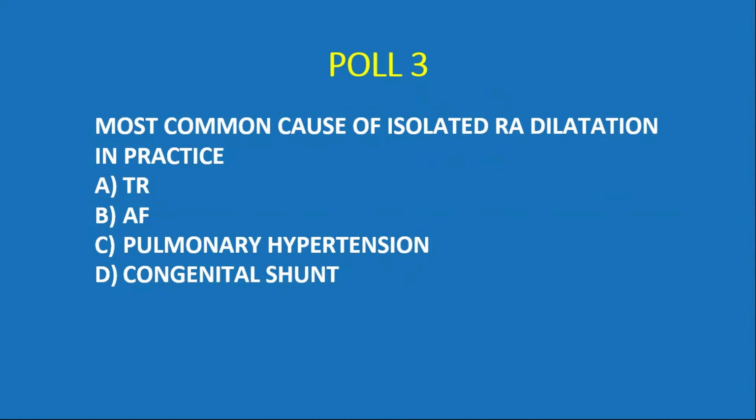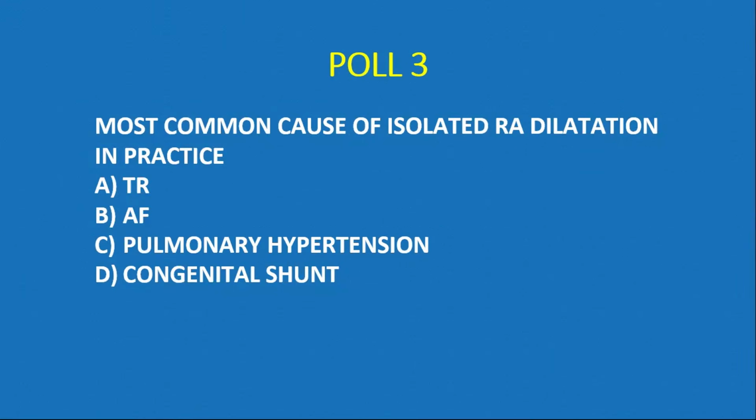So let's also understand another question. Most common cause of isolated RA dilatation in practice, what you see in your practice. A, B, C, D. Let's ask our moderators, Dr. Rahul, Dr. Ranjan, what do you have to say?